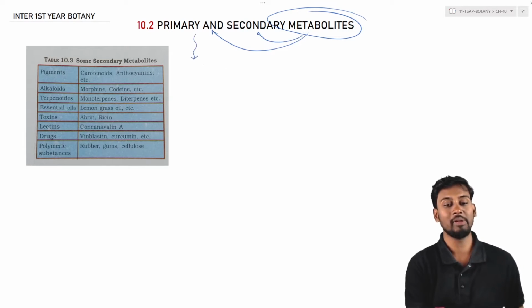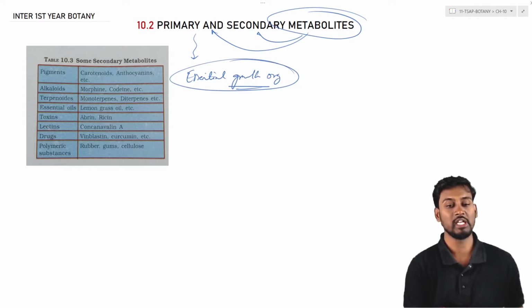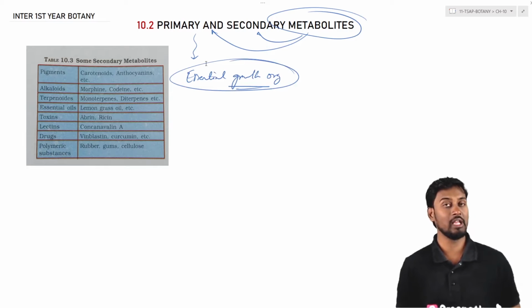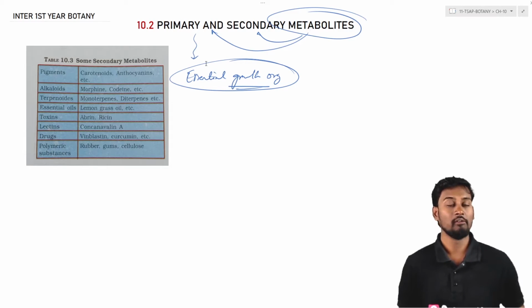So primary metabolites are the ones which are very much essential for the growth of the organism. Whatever things are generally prepared by the organism and are very essential for day-to-day life, for all the cellular activities and functions of the cell, are called primary metabolites.